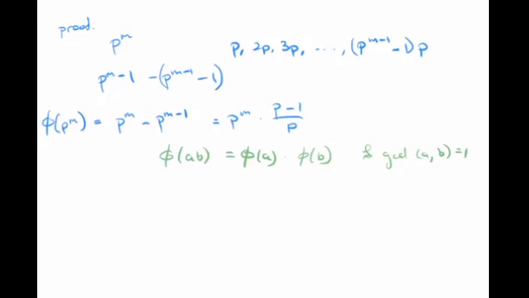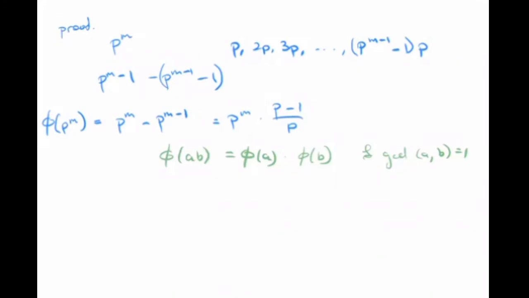Okay, we claim that the totient of AB is equal to the totient of A times the totient of B if A and B are relatively prime. This follows from the Chinese remainder theorem.